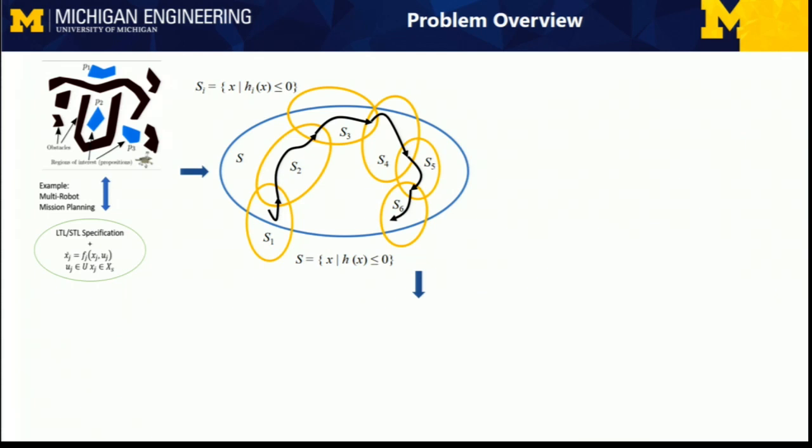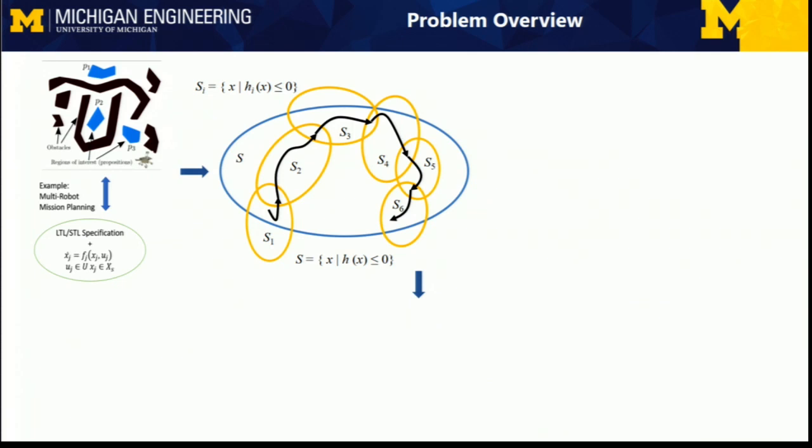And at the end, when it comes to problems such that I have one robot or many robots that have to do tasks like, they have to always evolve in the free space, avoiding obstacles, and maybe eventually visit area, let's say P1, while always avoiding area P2, and so on.